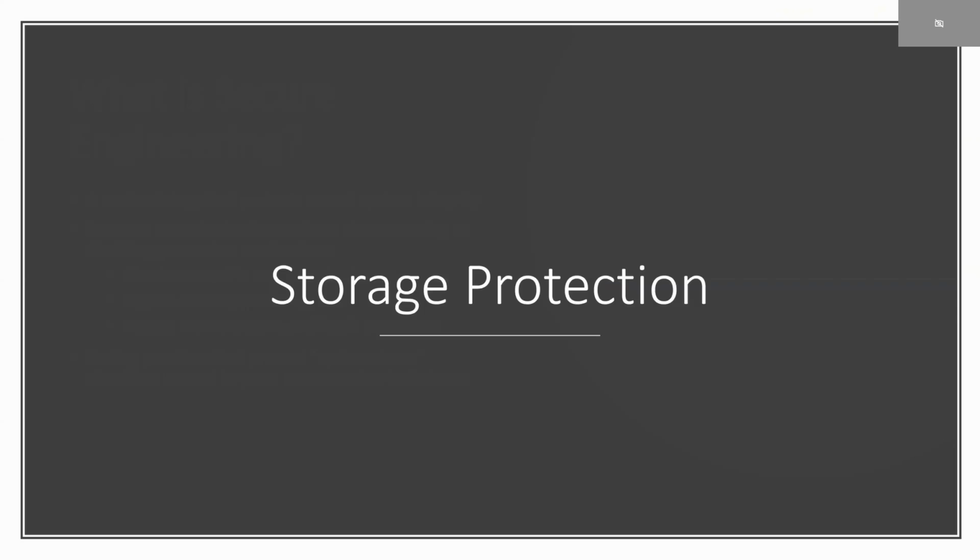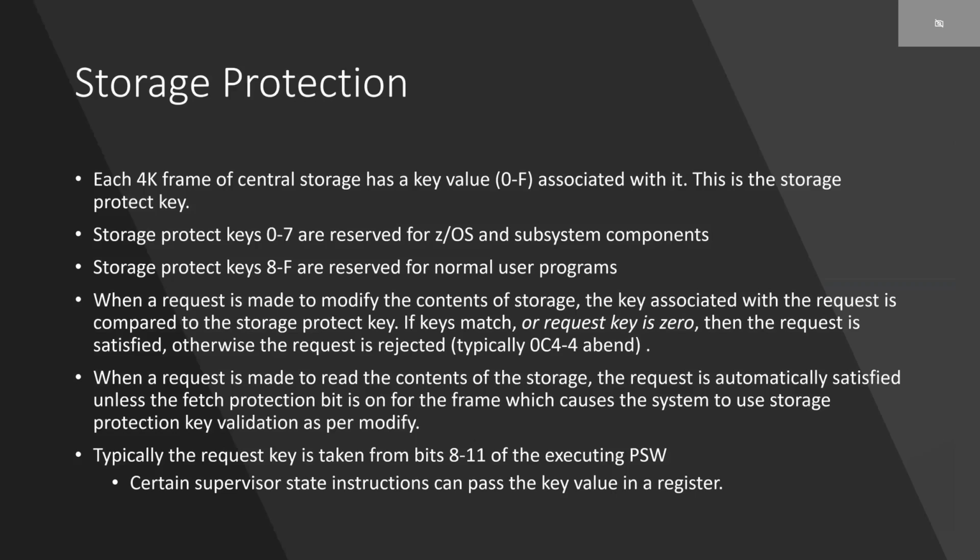Okay, so storage protection. This is a little bit low level, but we have to go through this. Every 4K frame of real storage has a key value between 0 and F associated with it, and this is known as the storage protect key.